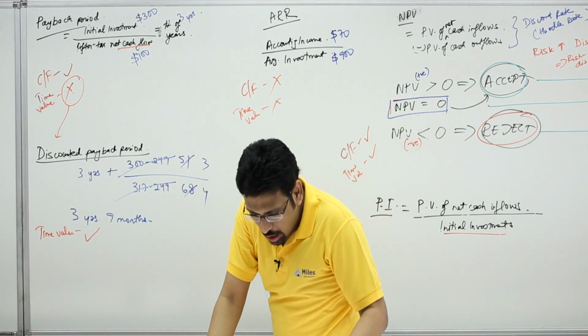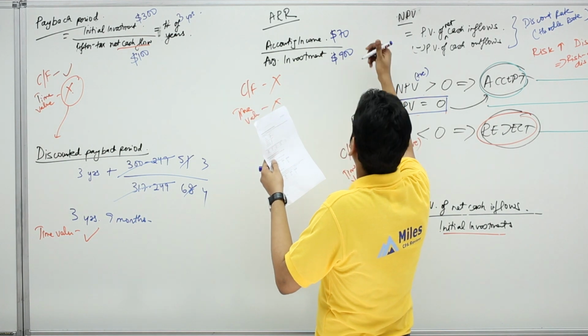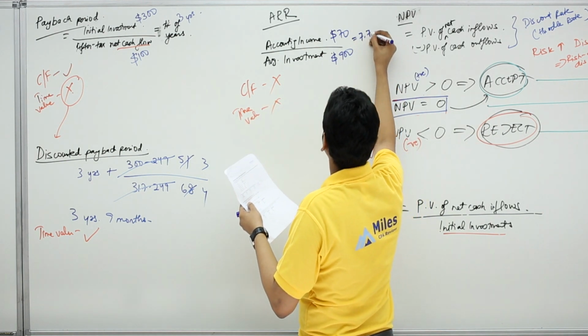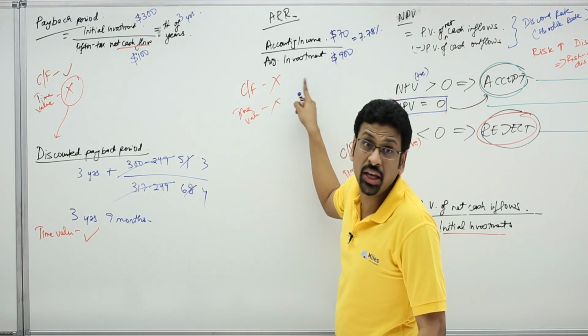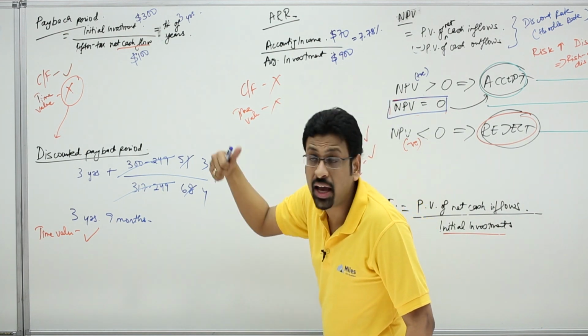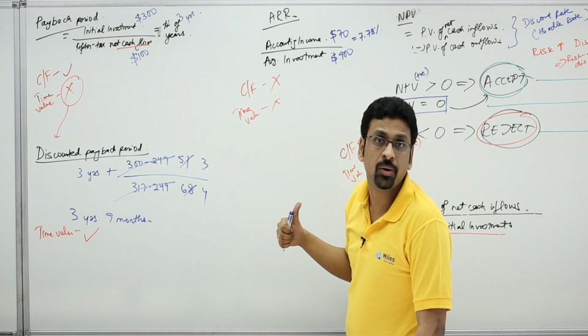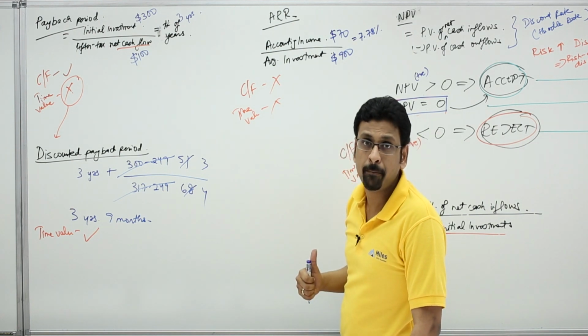So the accounting rate of return here is 70 divided by 900 gives you 7.78%. Now this method is not using cash flows. It's not using the cash flows of $250 each year. It's using the accounting profit, $70 each year. This method is not considering the time value of money.